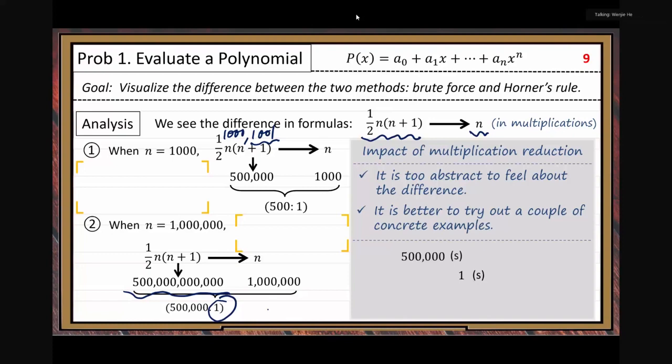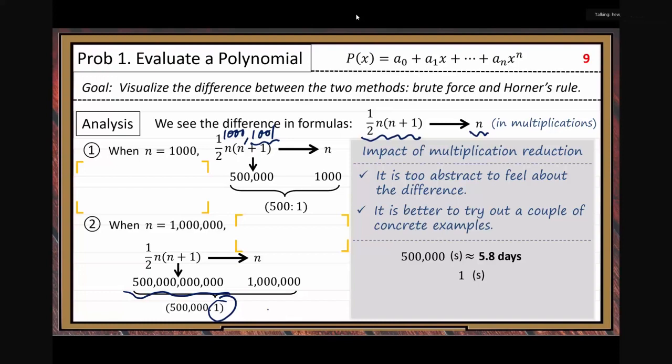But then, the 500,000 seconds, do you know how long that is? Let me convert it to number of days: approximately 5.8 days. Now you see the big difference. Given a polynomial of 1 million degree, if you apply Horner's rule, you just need 1 second.